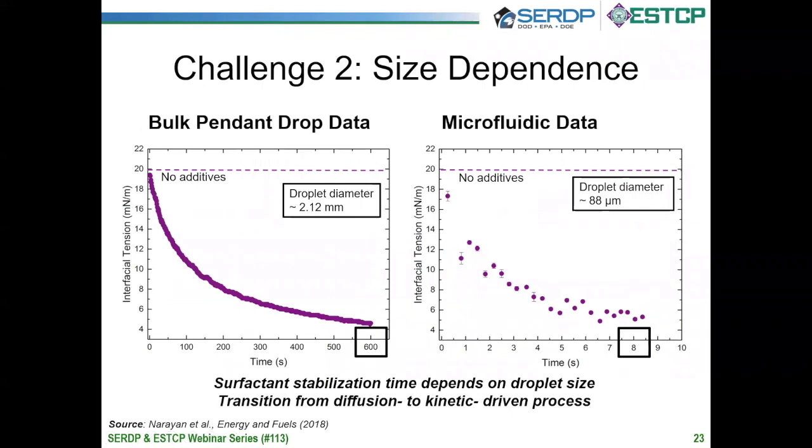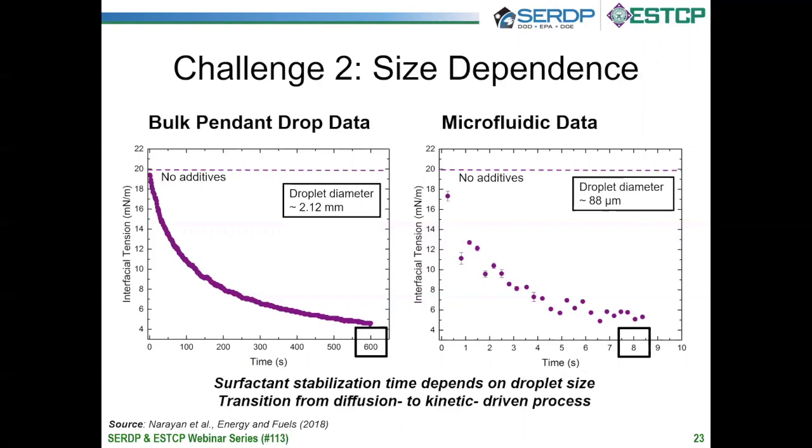A second challenge is that this process of surfactant stabilizing interfaces is dependent on the size of the dispersed phase droplet and how curved that interface is. If I take the same exact chemical system and measure the interfacial tension value, the results I get will depend on the size of the droplet I examine.